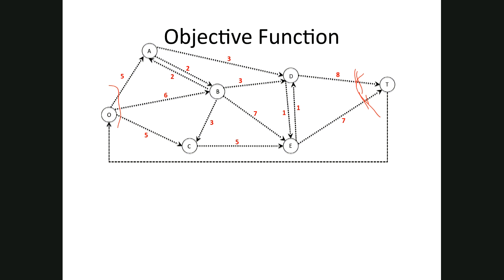Well, there's a theorem in linear programming for these types of problems that says the maximum flow equals the minimum cut. And it's just as hard to find the cut in a network as it is to find the maximum flow, so it doesn't help there.